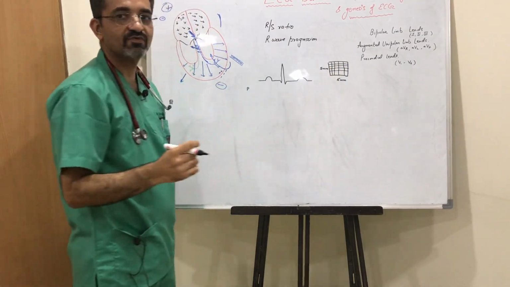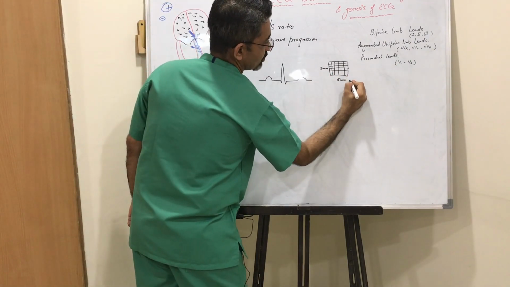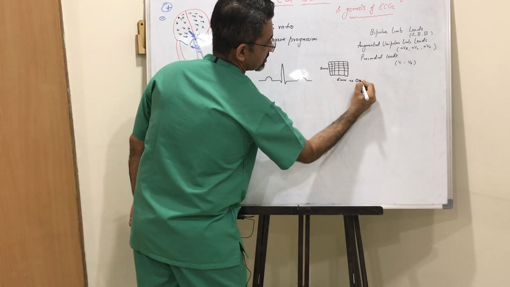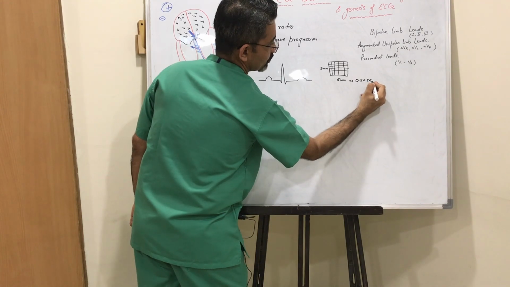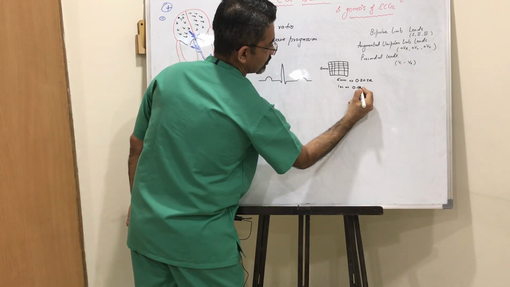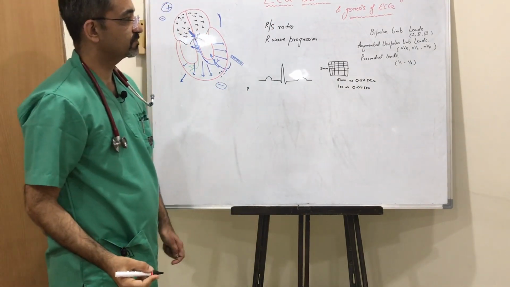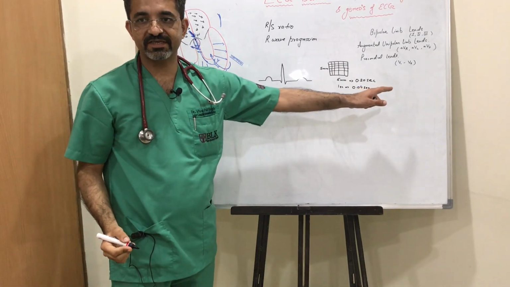So each small square is 1 by 1 mm. This 5 millimeter is equal to 0.20 seconds, so one small square is equal to 0.04 seconds. This is the time on the x-axis.